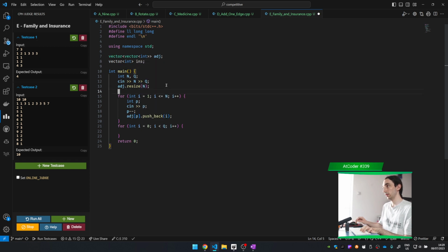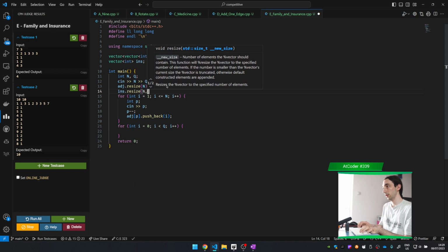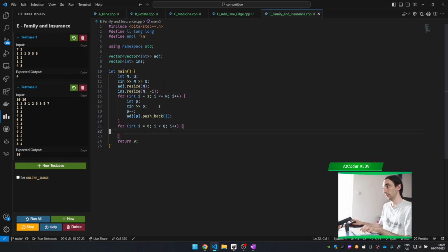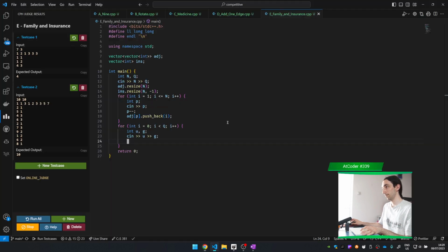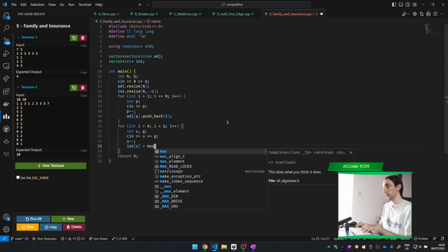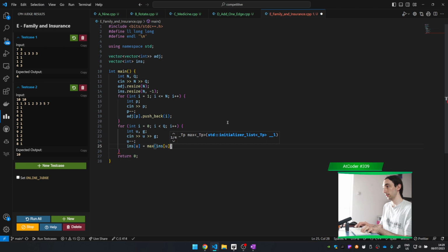So this is the insurance. Each node will have -1 insurance, and then you have node and generations. So the insurance of the ith node is of course going to be maximized here.